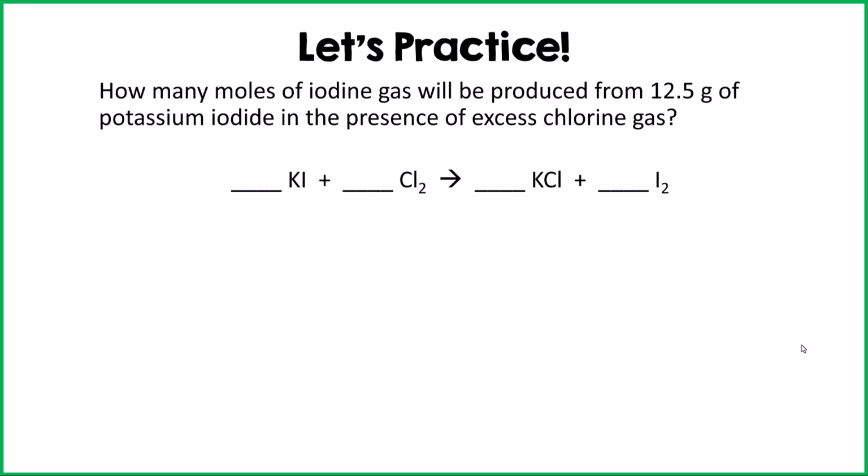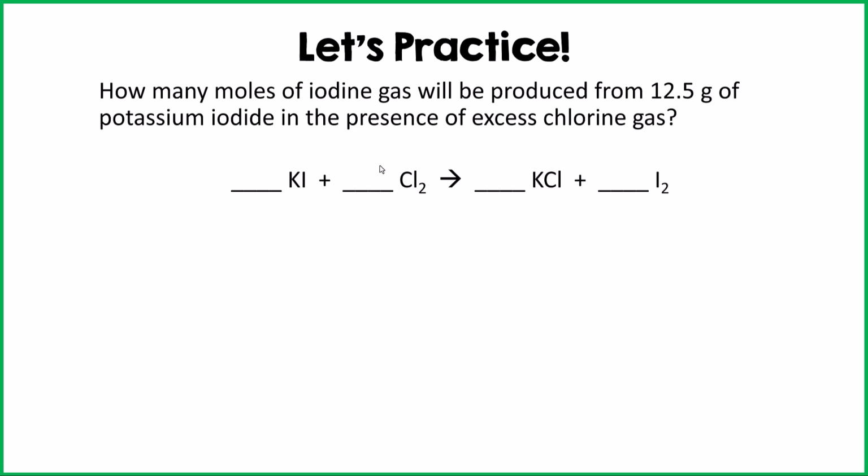How many moles of iodine gas will be produced from 12.5 grams of potassium iodide in the presence of excess chlorine gas? Again, don't worry too much about this excess right now. Just know that this reaction is going to keep going until the potassium iodide is used up.